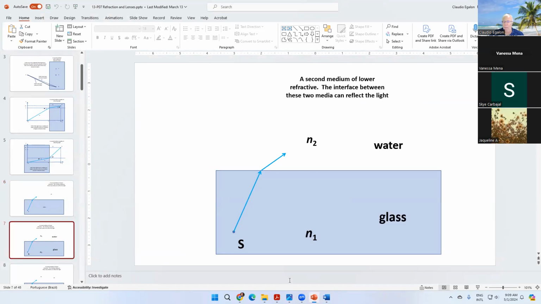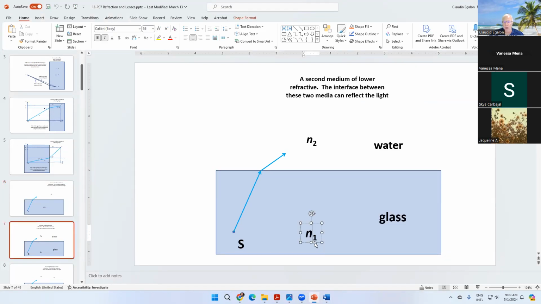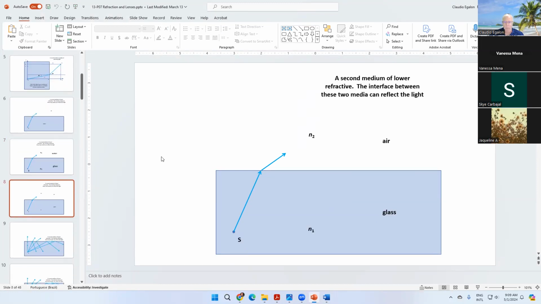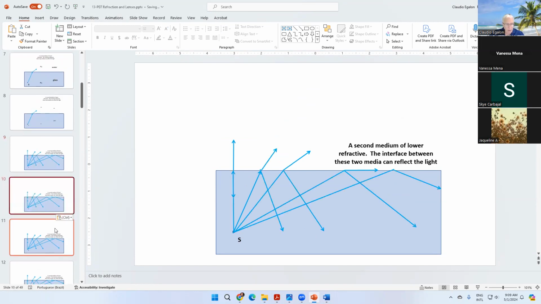Here I will call N1, and here I call N2. The second medium has a refractive index lower than the first medium. Don't forget, we also have a reflection here, not just refraction. I'm going to do that little by little, so you do not get overwhelmed.